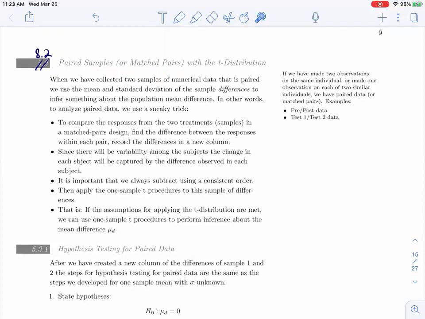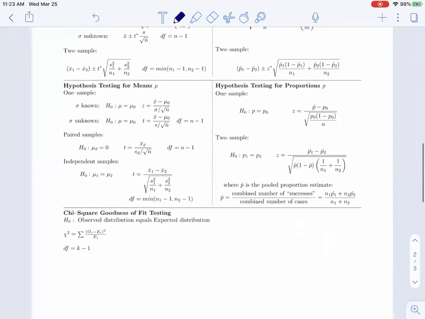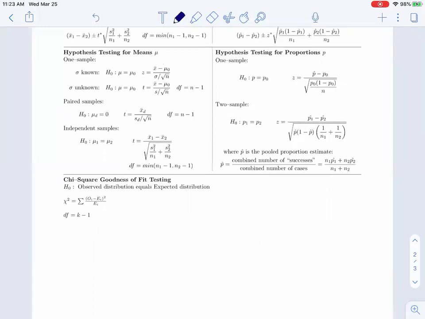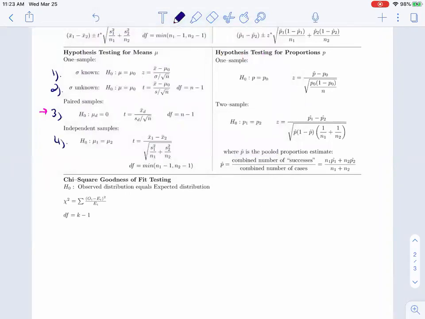And the most important thing, especially if you look at your formula sheet, is going to be to figure out what type of question you have, right? Because if we just focus on our hypothesis testing section, that's the first type we talked about. And then the second type we talked about last day was with one sample sigma known. Here, this is where we are today, the paired samples, third type. And then next day, the fourth type for means is for the independent samples, right? So we'll just kind of work our way through these.